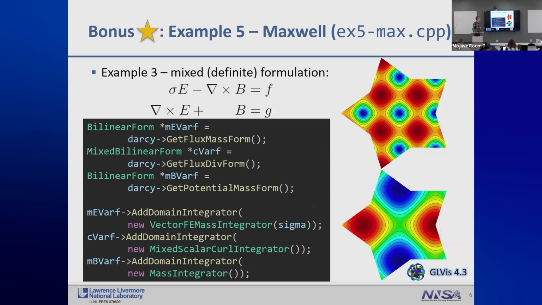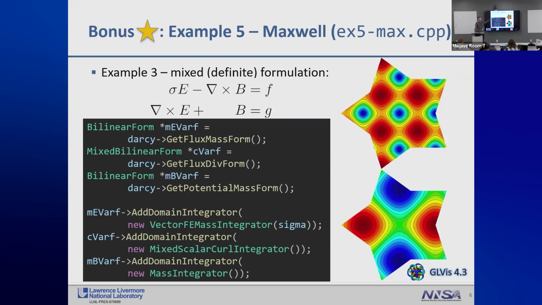But DarcyForm does not need to be applied only to classical diffusion. It can also be the Maxwell problem. So instead of divergence, you may use curl. You then have a discretization with Nedelec and Raviart-Thomas elements for the magnetic field.